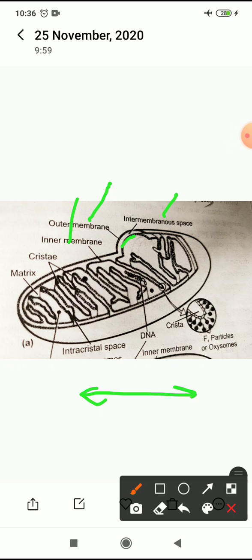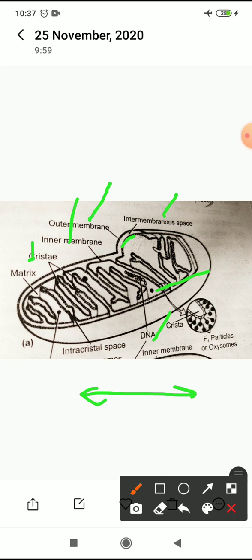Then inner membrane is infolded, and there is formation of structures like cristae. Some inclusions in it. Presence of DNA is also there. Presence of ribosomes is also there. And matrix, that is also there.